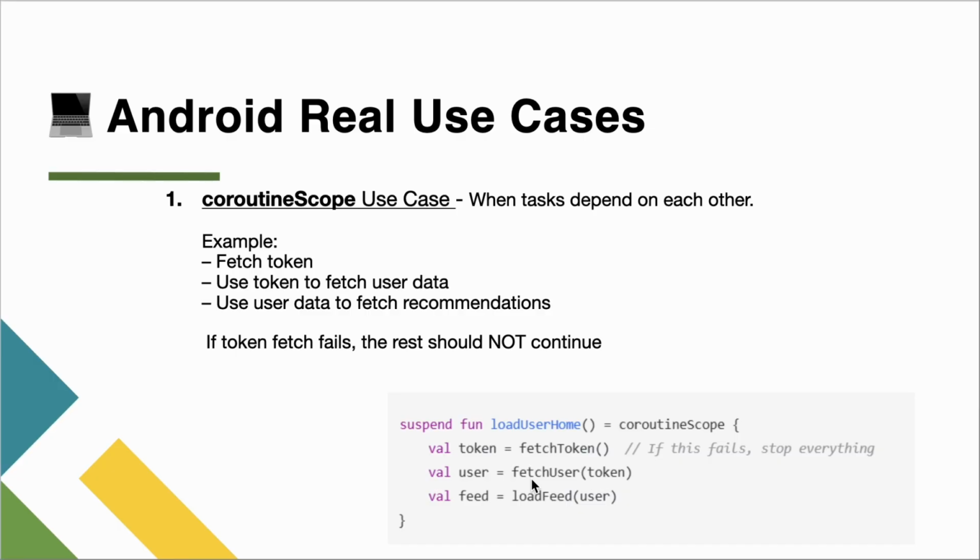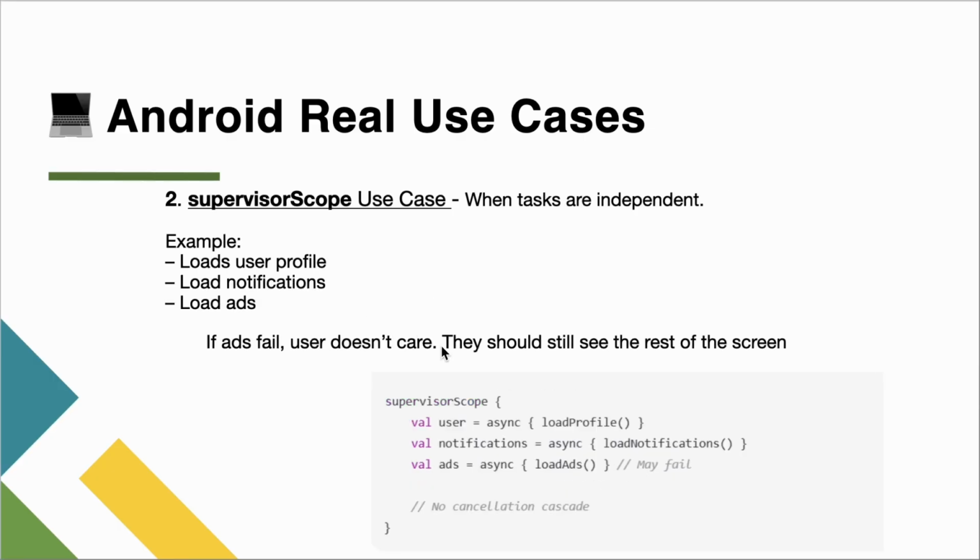Now let's try and understand where supervisor scope can be used. The use case says the tasks are basically independent. For example, load user profile, load notifications, and load ads. If the ad fails, the user doesn't care. They should still see the rest of the screen. That is absolutely correct.